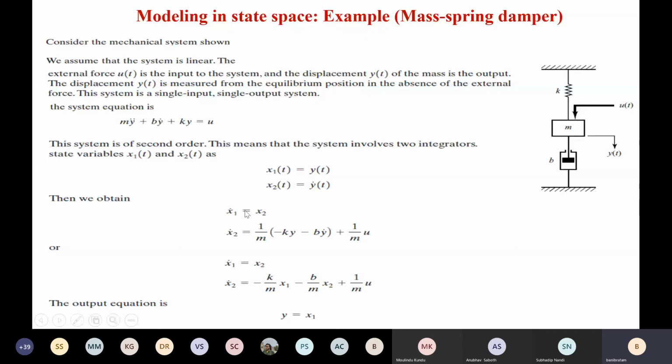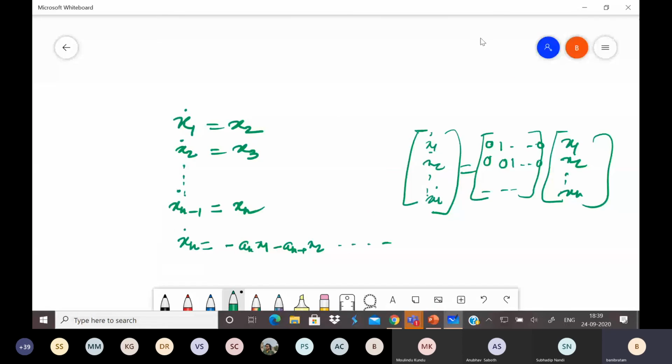So x1 dot equals x2, and x2 dot equals what? You can get it from this particular equation. x2 dot means my y double dot term. We have m y double dot plus b y dot plus k y equals u.